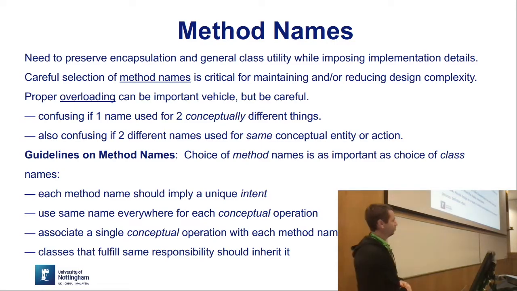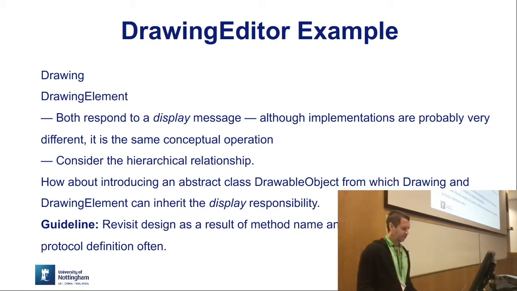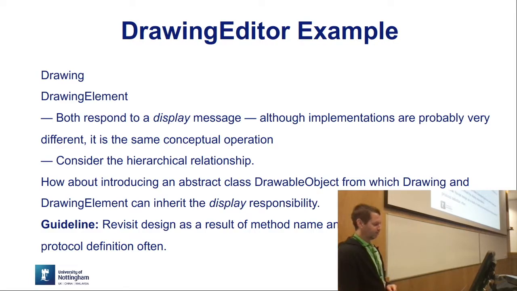And we'll go through some examples here. The drawing editor example that we've come to know and love. We have a class called drawing. We have another class called drawing element in our example. Both respond to a display message or method, you can think of it. Although the implementations are probably different, it's the same conceptual operation.